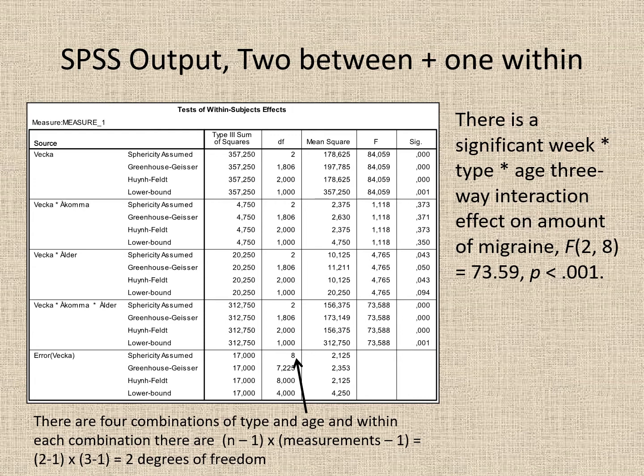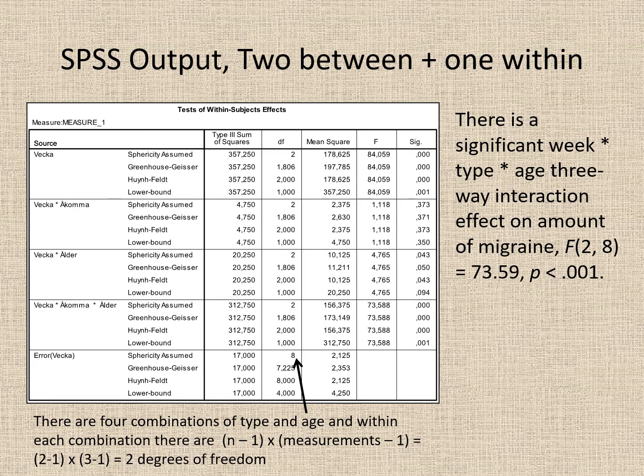We no longer have a 2-way interaction here with type of migraine. I might have changed the data. I can't remember. We have an age group by week interaction that is significant if we assume sphericity here.